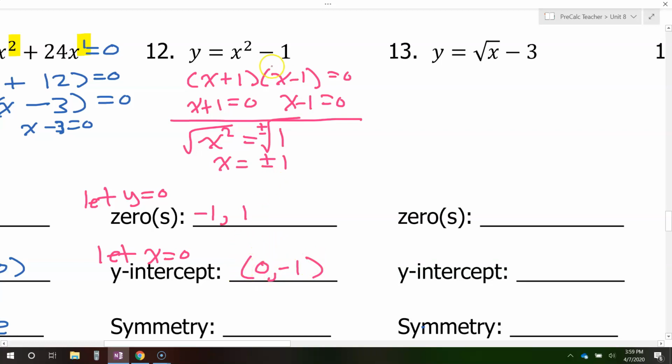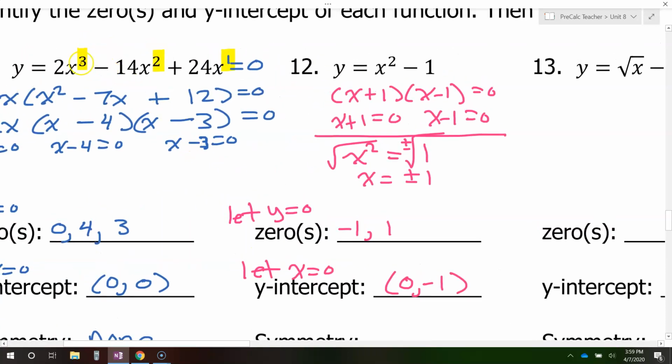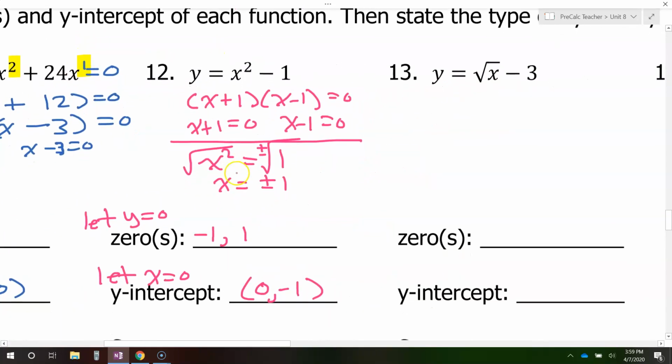Symmetry. We can use our shortcut where we talk about the exponents, but with one minor little twist here. We need an x on every single term, so we can talk about the exponents. I see x squared right here, but what about this?